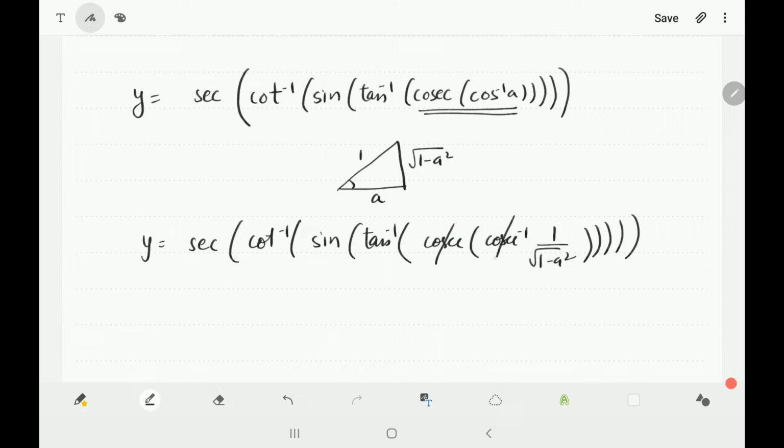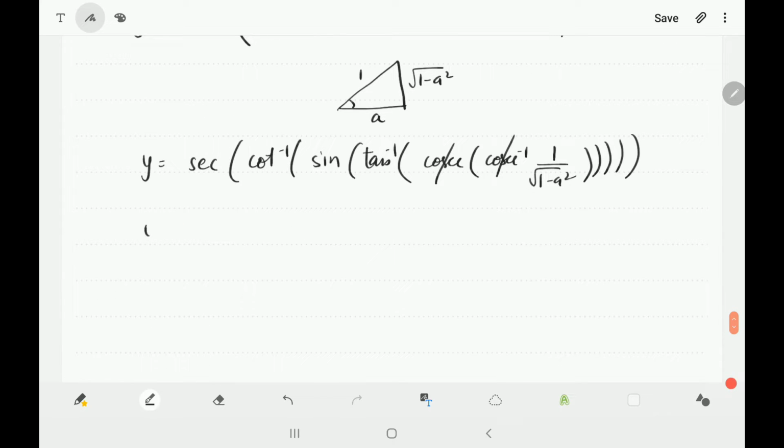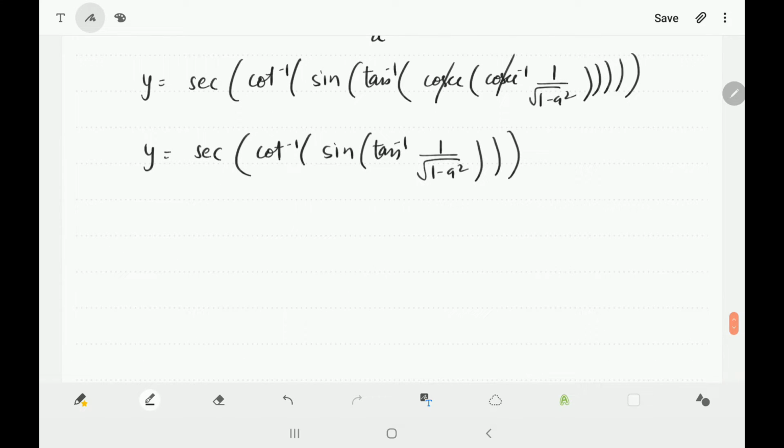Okay, so this cosecant will cancel cosecant inverse. Now we are left with secant of cot inverse sine of tan inverse, we have 1 upon under root of 1 minus a square. Okay, now what we'll be doing, we'll be converting tan inverse into sine inverse. So let's create one more triangle with tan theta as 1 upon under root of 1 minus a square.